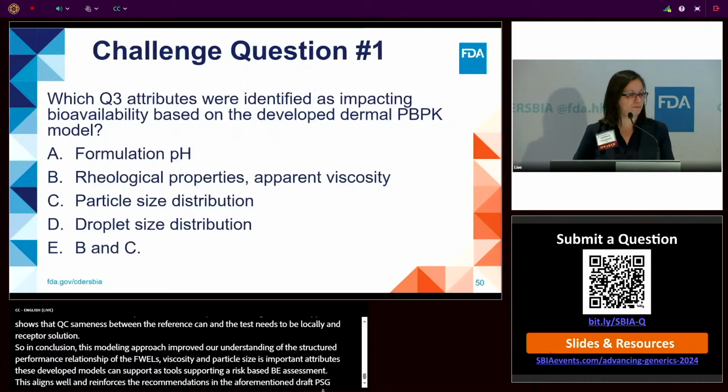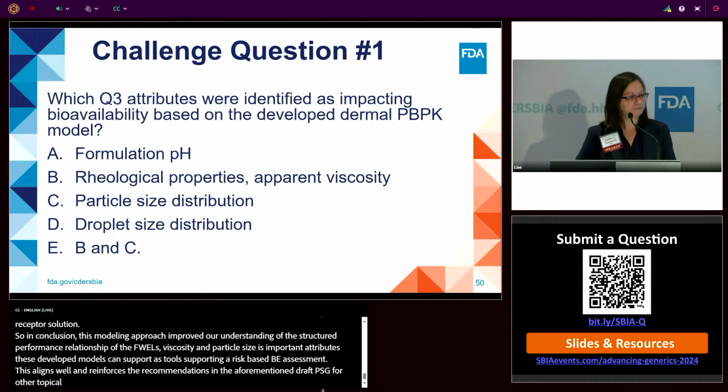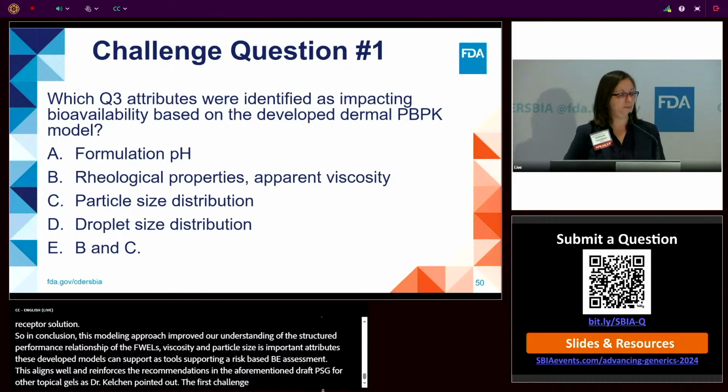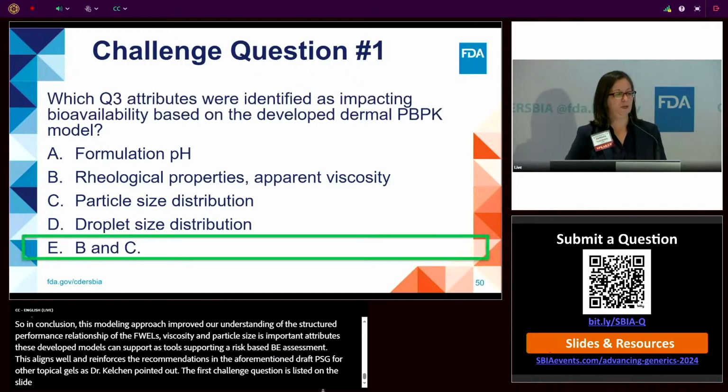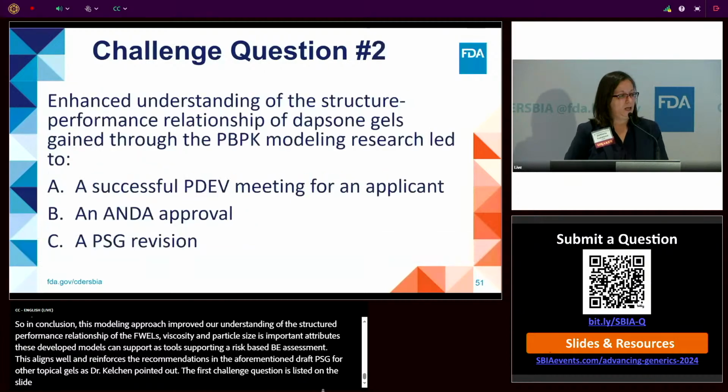So first challenge question: which Q3 attributes were identified as impacting bioavailability based on the developed dermal PBPK model? Formulation pH, rheological properties, particle size distribution, and droplet size distribution. And the answer is B and C. Challenge question number 2.